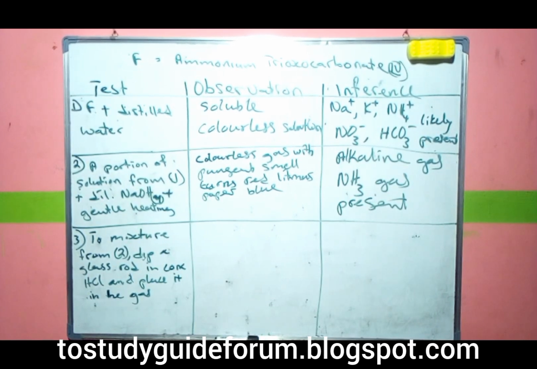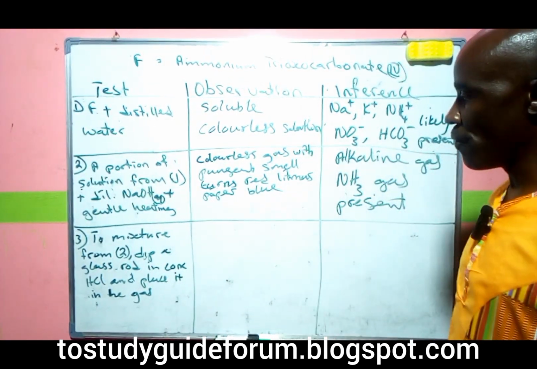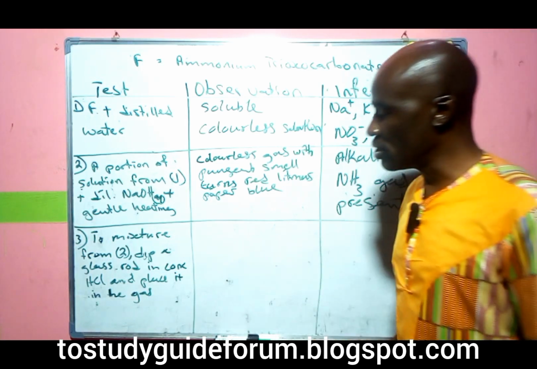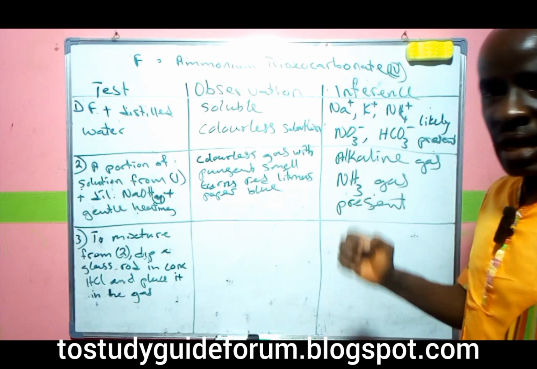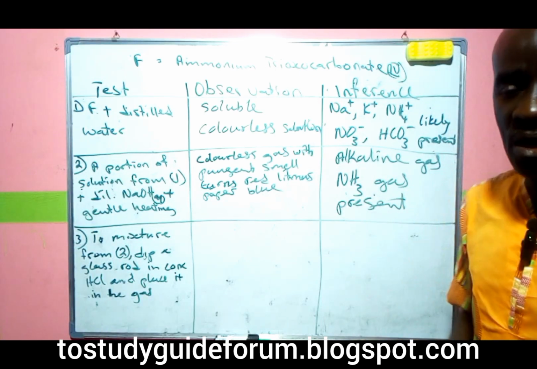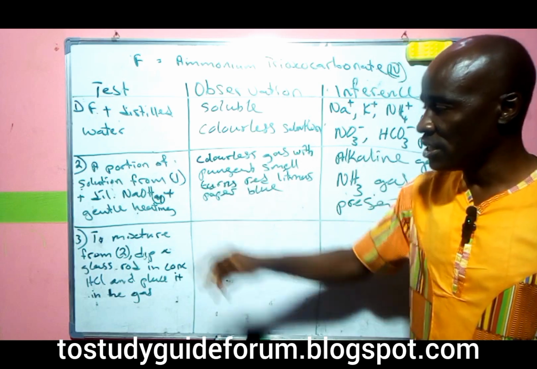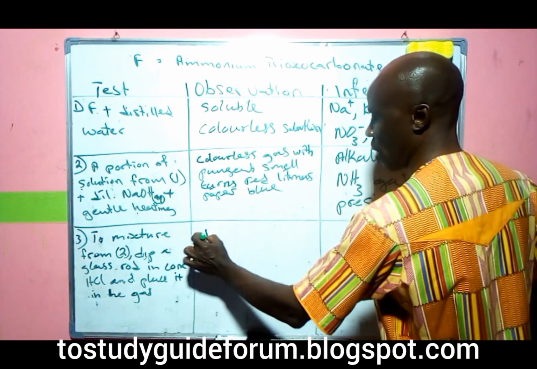So the mixture from above, while the heating is still on, you can then get a glass rod, dip it into concentrated hydrochloric acid or perhaps dilute hydrochloric acid, then place it in the gas that's coming out. What you notice is a dense white fume.